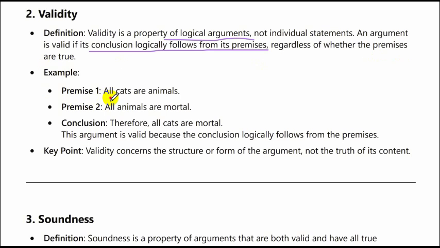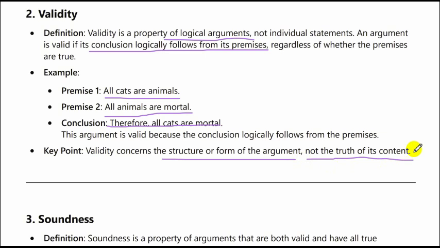Example, all cats are animals. All animals are mortal. Therefore, all cats are mortal. This argument is valid because the conclusion logically follows from the premises. Validity concerns the structure or the form of the argument, not the truth of its content.